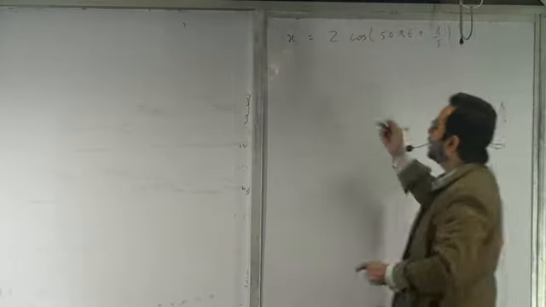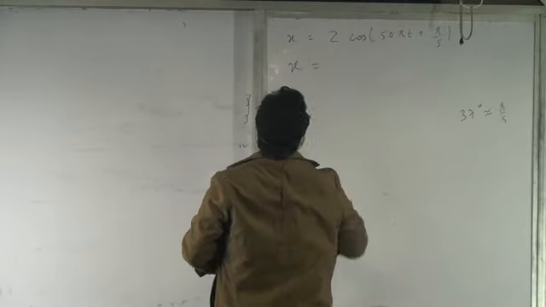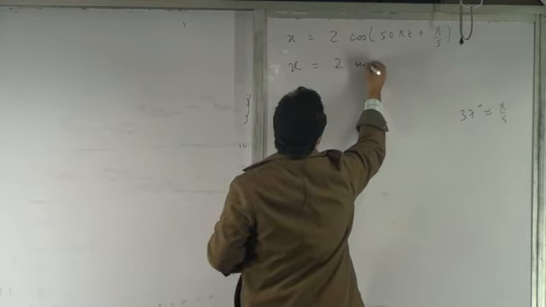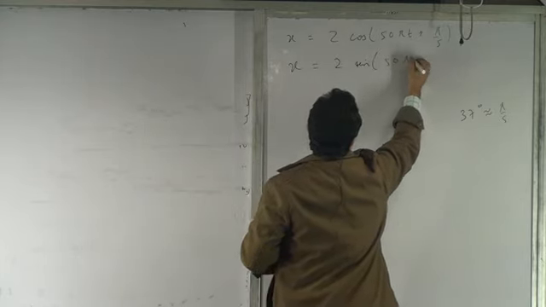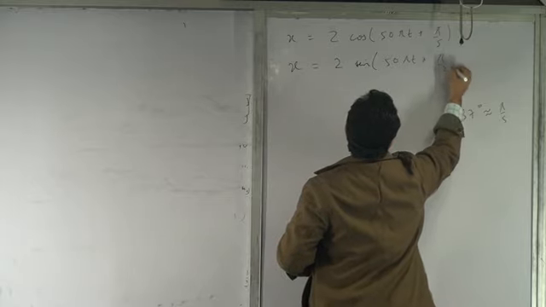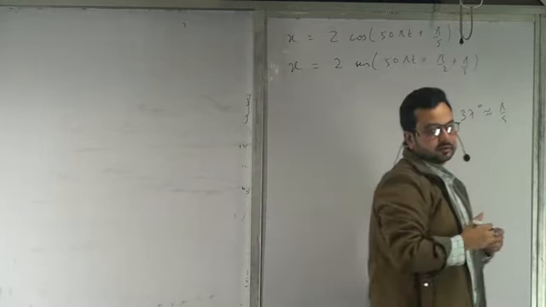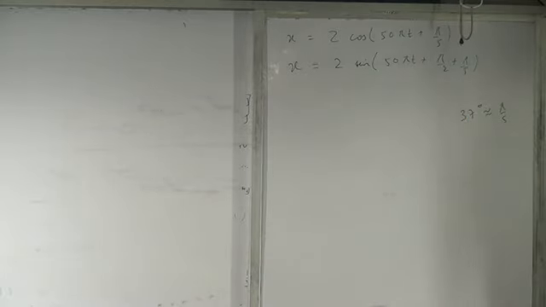Okay, so I can write this equation as x is equal to 2 sine of 50 pi t plus pi by 2 plus pi by 5. Is that correct? I can write cos as sine 90 plus theta.